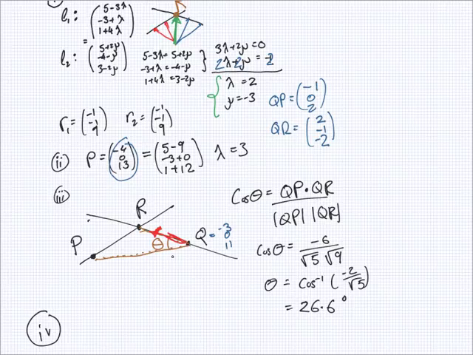Part 4. Find the shortest distance from P to the line L2. So that's find this distance here, 90 degrees, which we'll call D. I think the easiest way to do this will be to say sine 26.6 equals D over magnitude of PQ.